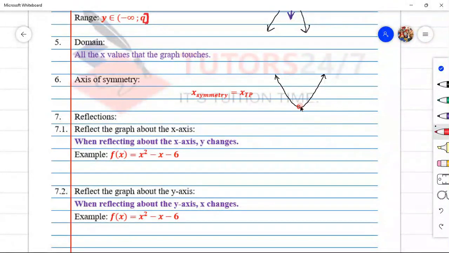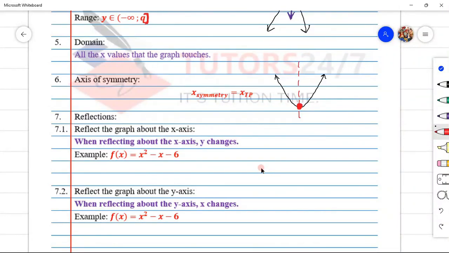So if we look at our turning point, because that is the middle of our graph, if we were to cut our function on the x value of our turning point, our function would be symmetrical. The left-hand side would be the same as our right-hand side.